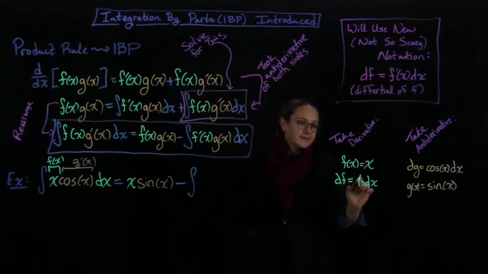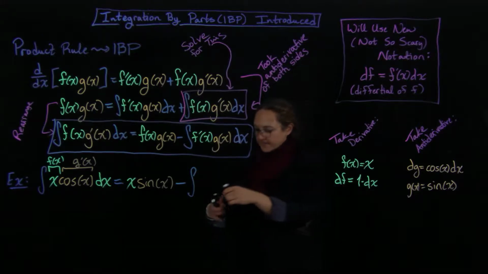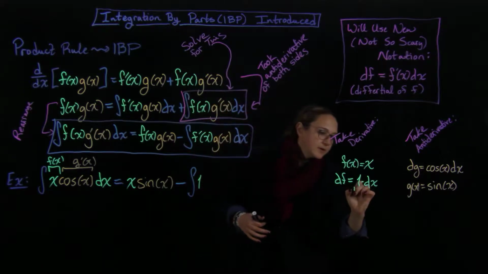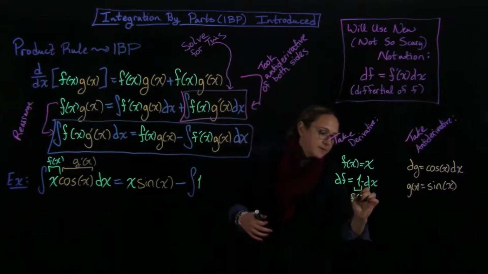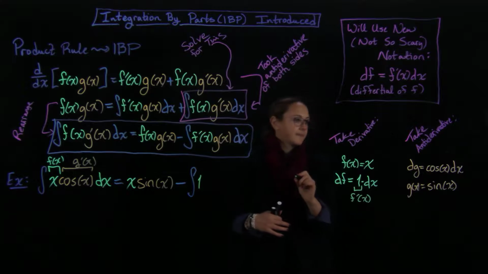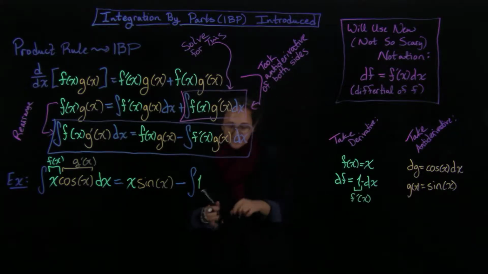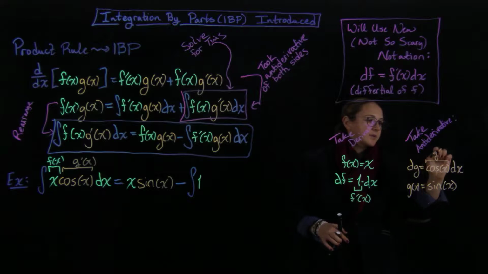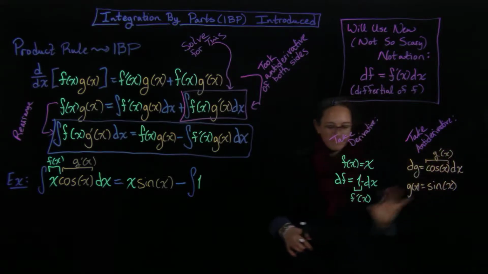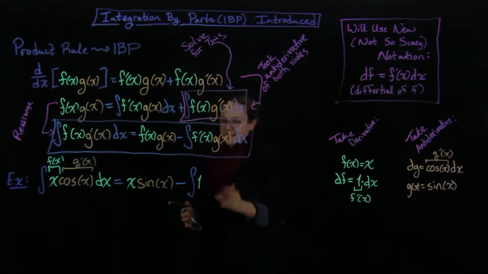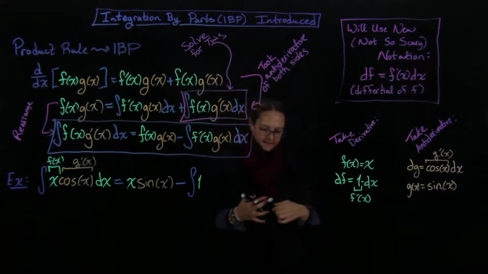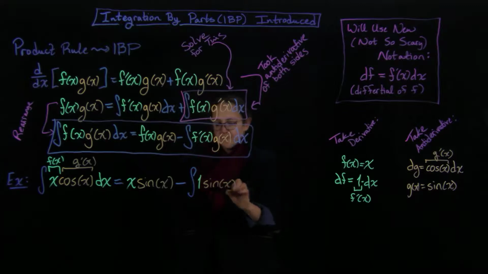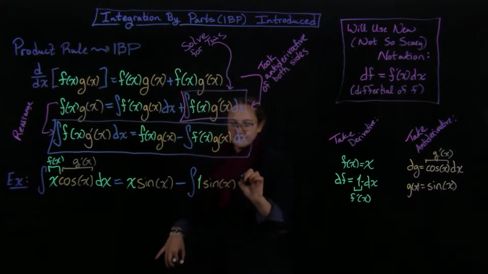That's this part here, f prime of x. And just to be clear, this part here is g prime of x. So there's my f prime of x like that. And then I have my g of x, so that's going to be sine of x. And then I have dx.